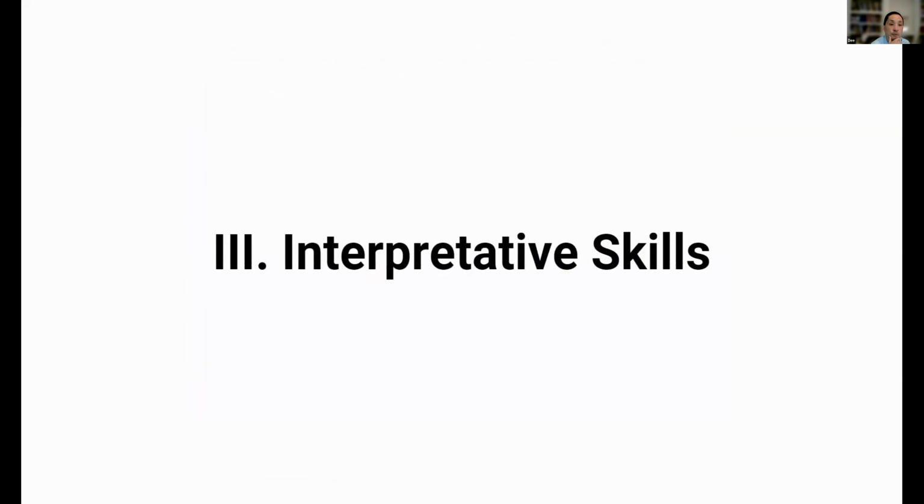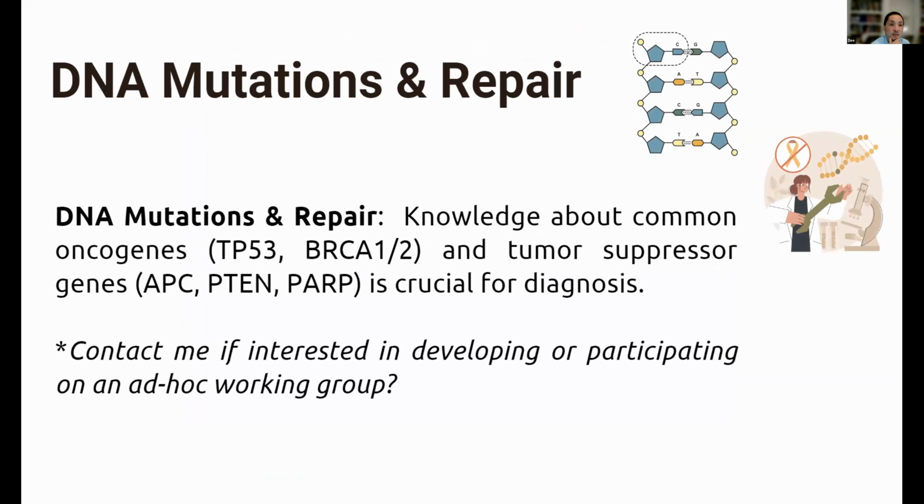So I'm going to jump onto interpretive skills. And behind all this, while we can do all the algorithms, just like we have to learn vocabulary, we have to learn the language of biology.